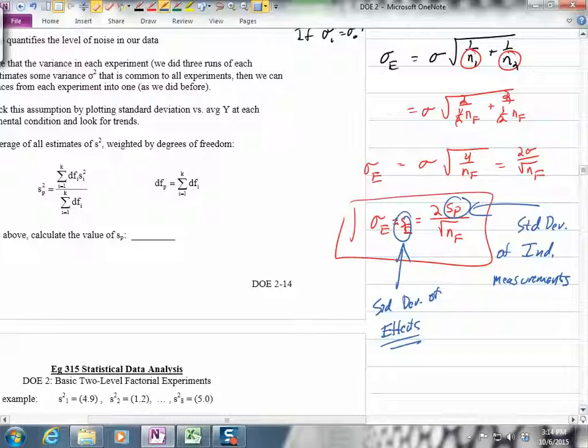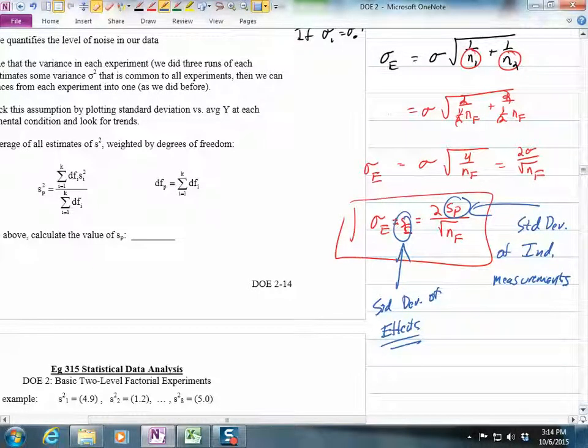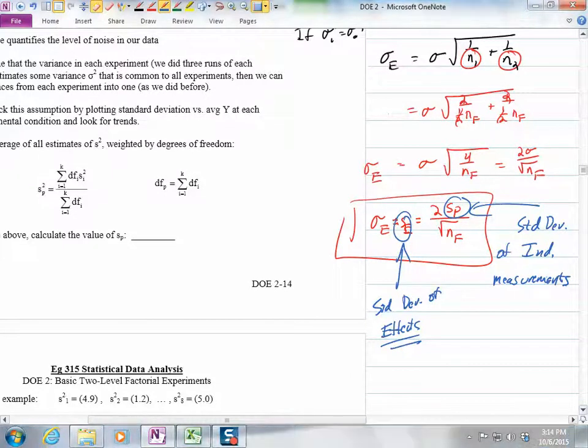Remember before I said we're always going to try to match up the noise we're using with the thing we're trying to calculate. So that's why we're after SE. And we always build that up. It's always based upon the noise of the individual measurements. So there it is, SP. So that's where SE relates to SP for these factorial designs. And it's just a derivation of a difference between two means.